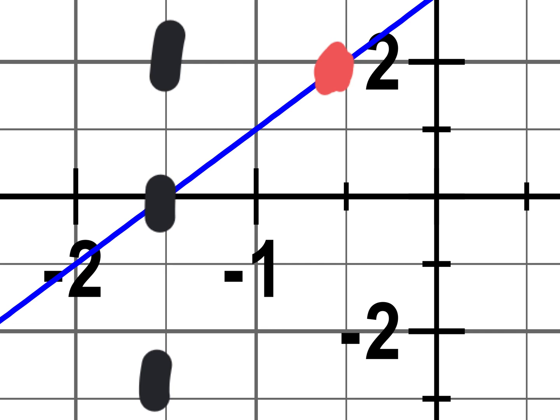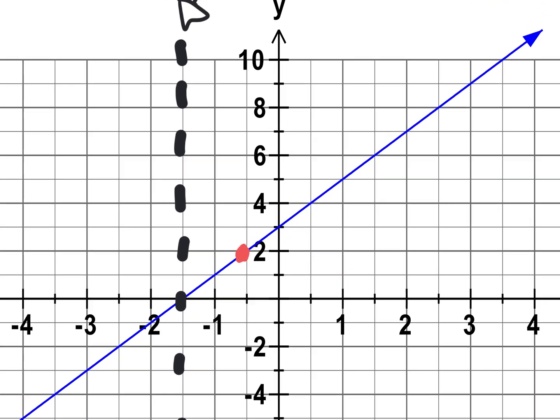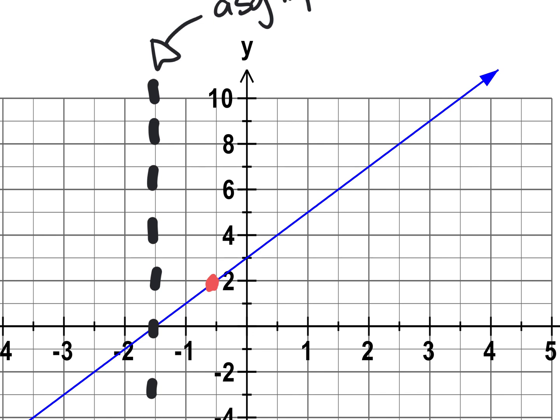What's 1 divided by a really small number? A really big number. So as you get closer and closer to the high-powered electric fence, the graph is going to get higher and higher and higher. Like that.